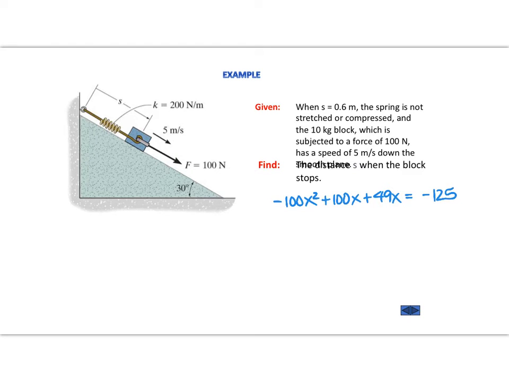So those are the terms that I get once I put in all my numbers. I wanted to simplify this, so I'm going to move everything over to the right-hand side. I get 100x squared minus 149x minus 125 equals 0. Then I'm going to divide by 100: x squared minus 1.49x minus 1.25 equals 0. Then I'm going to use the quadratic formula.